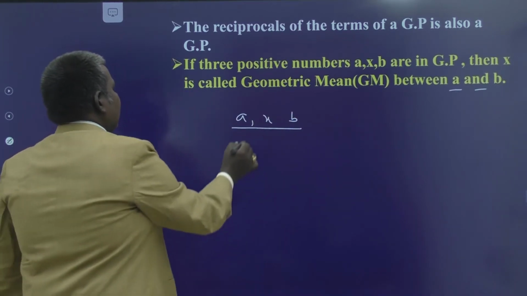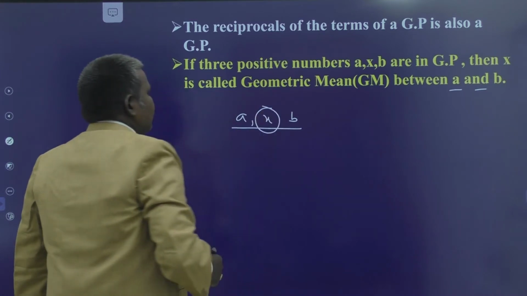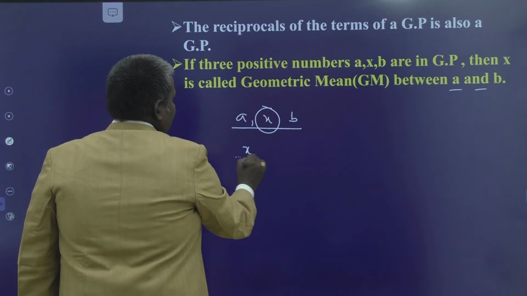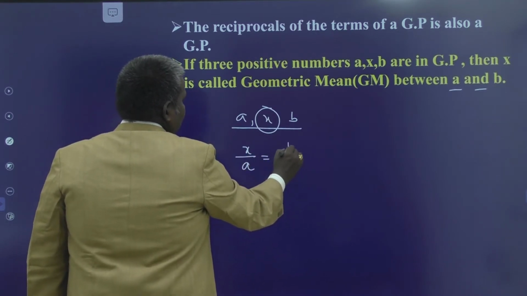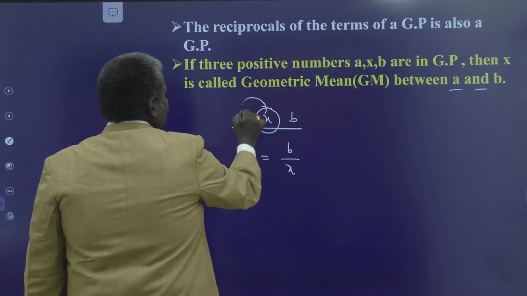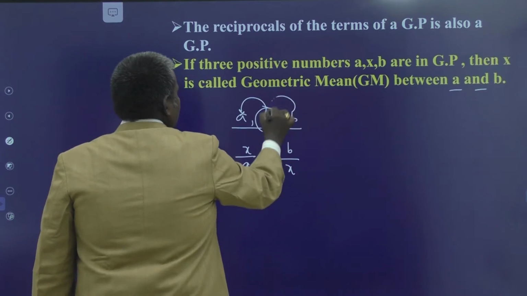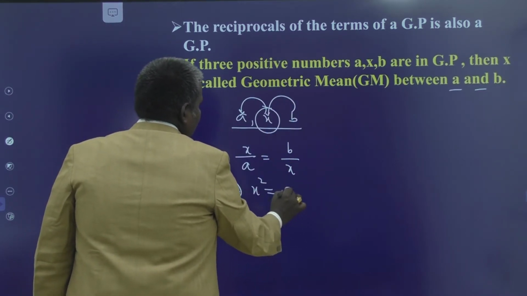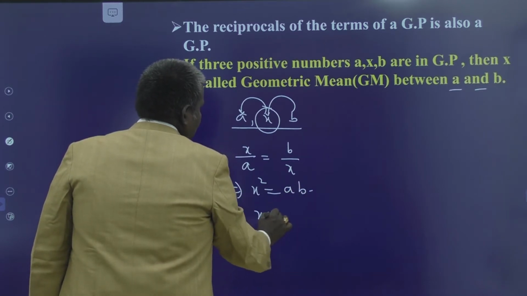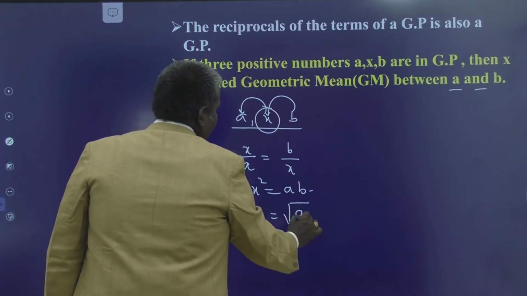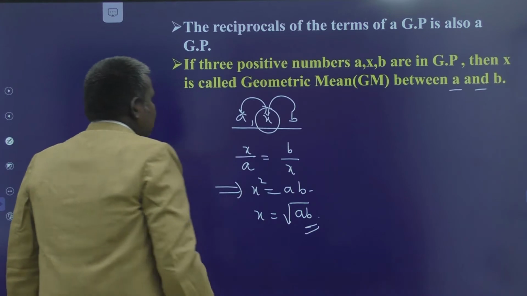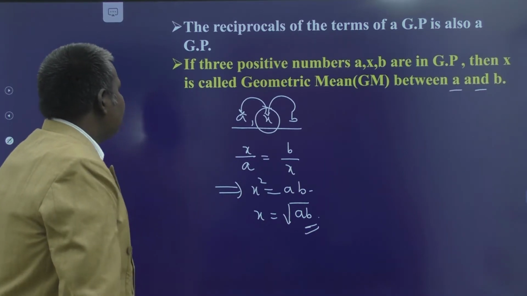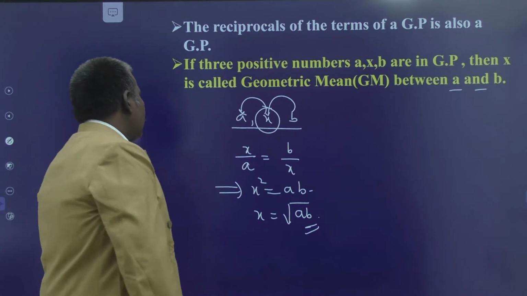Then we say that X is the geometric mean of A and B. Since these three are in geometric progression, X by A is equal to B by X, so the ratio must be the same. Therefore X square is equal to AB, and X is equal to the square root of AB. This X is called the geometric mean of the two numbers A and B.